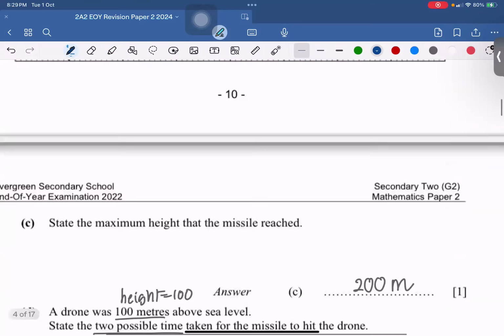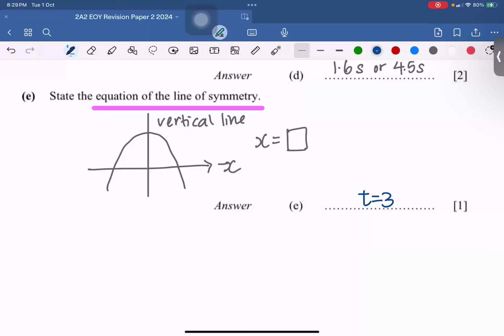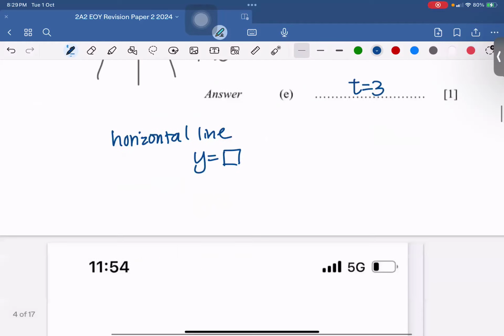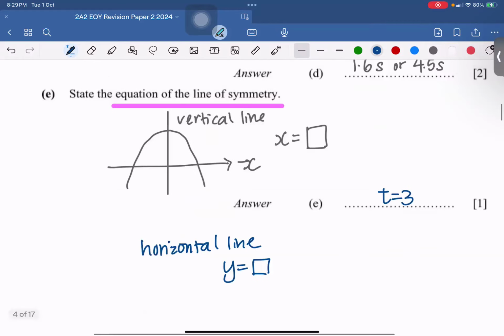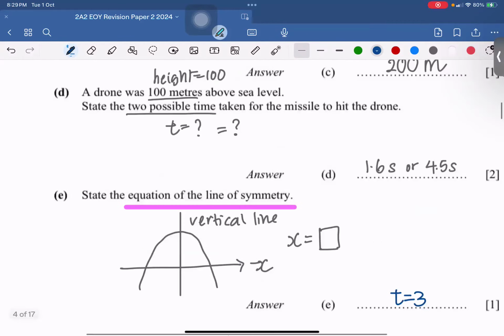If it's a vertical line, it's t equals to something. If it's a horizontal line, it will be y equals to something. If it's a slanted line, then it's y equals to mx plus c. But this part of the question doesn't have that. So this is how you apply it to your question.